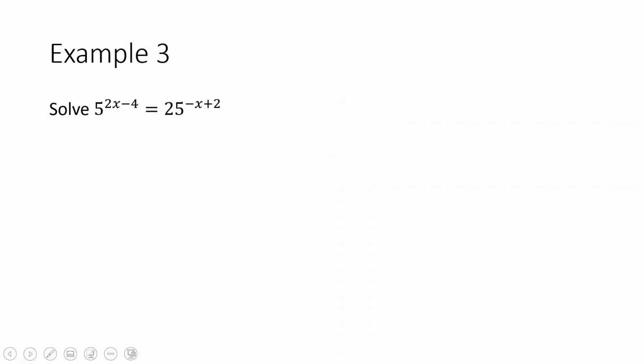Moving on to this one. It's slightly more involved, but not really. Again, the first thing you should do is write everything in the same base. So we've got on the left 5 to the power of 2x minus 4 equals, and we can write 25 as 5 to the power of 2. So write it like this, 5 to the power of 2, and that's to the power of negative x plus 2.